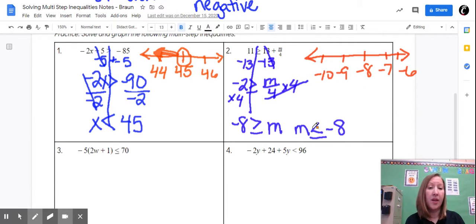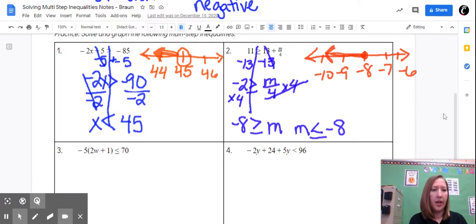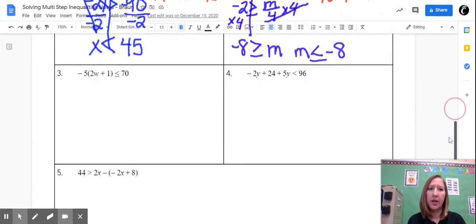Okay, and since m is less than or equal to negative 8, I'm going to put my closed circle on negative 8, and then I'm just going to draw my arrow pointing to the left because the numbers that are less than that. So I'm just going to draw my arrow out here to show the direction. All right. So let's go on to number 3 and do some more practice.